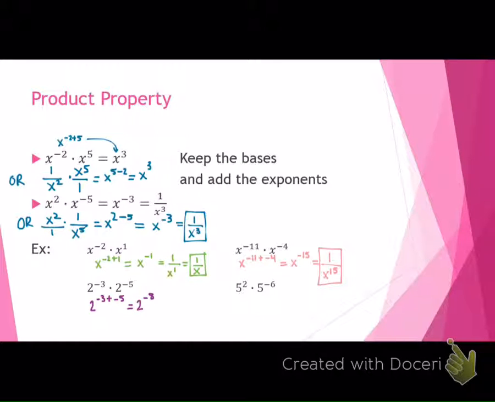Okay, so then we have to do what with the negative exponent? What does a negative exponent mean? What do we keep saying negative exponents mean? Make it positive. We need to make the exponent positive. How do we make the exponent positive? So how did they make the exponents positive here?